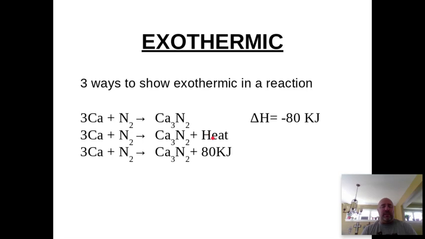Now, heat is a qualitative measurement. If we want something more exact, a quantitative number, we would replace the word heat with the actual numeric amount of heat. In this case, 80 kilojoules. Again, this is not positive 80 kilojoules. This is plus, meaning and 80 kilojoules. And we put these on the product side, that's exothermic.